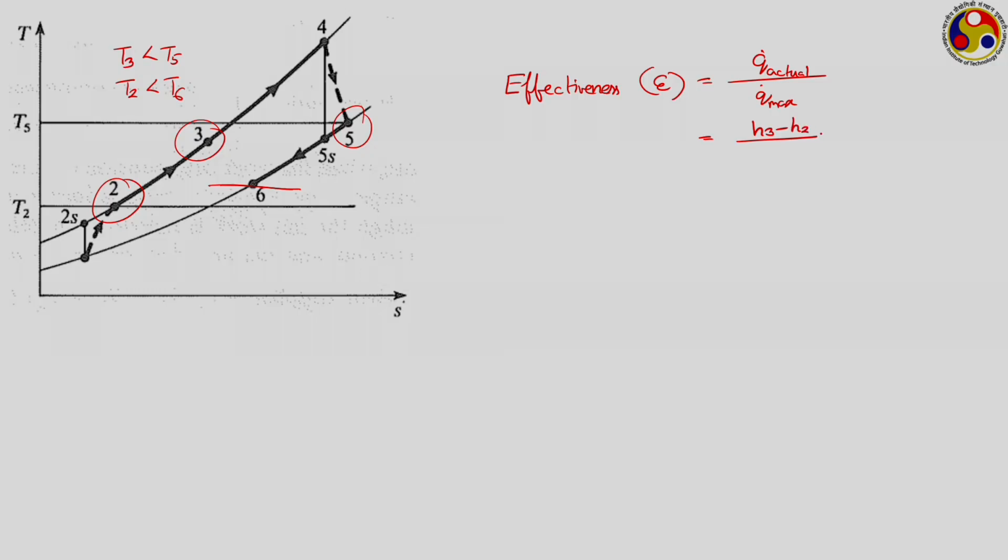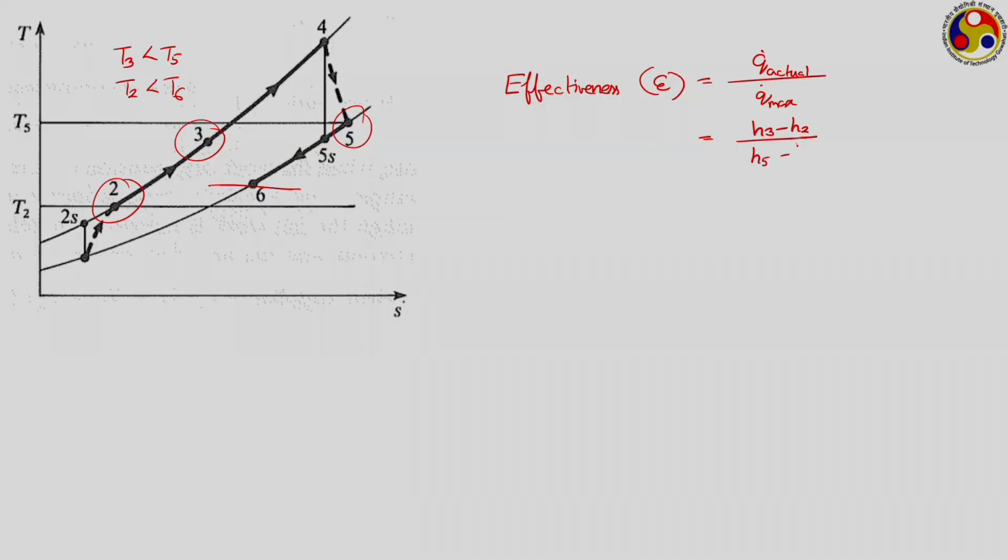But if we are talking about an ideal process, then it should be equal to H5 minus H2, or I should say H5 prime, where 5 prime refers to the point where the air temperature becomes equal to the gas temperature at the beginning of regeneration, that is T5 prime equal to T5. So, epsilon is H3 minus H2 upon H5 prime minus H2, where H5 prime minus H2 is the maximum possible energy gain that the air can have.